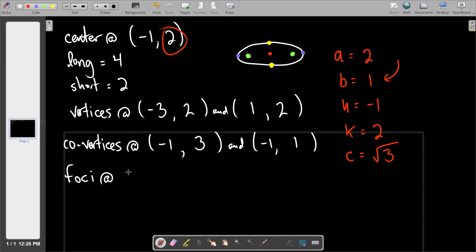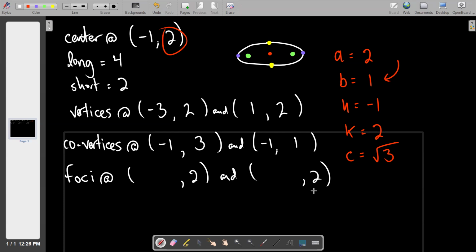When I write my foci down, I can say y, you stay the same. And then the x's, it all comes back to the center. The center is like everyone's meeting ground. We start there and say, break, and then we go. And so I move to the right or the left.